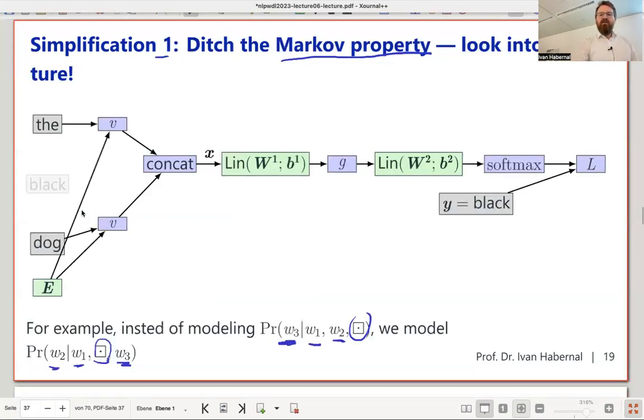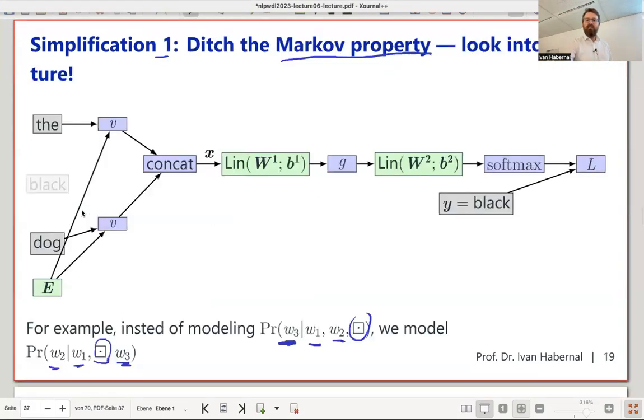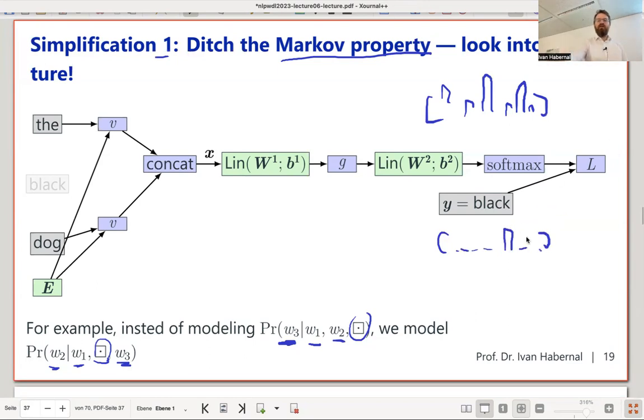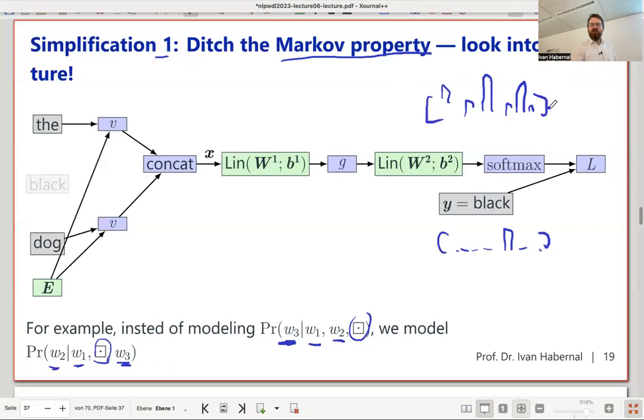Then the other thing which we're going to simplify is the costly probability distribution. Because now here we have the softmax, which gives us this beautiful probability distribution over all words in the vocabulary, and maybe we don't need that. We need maybe something easier than having these and then 0 and 1 and cross entropy loss and stuff like that. Because basically it's saying how it's scoring our predictions versus the original word.